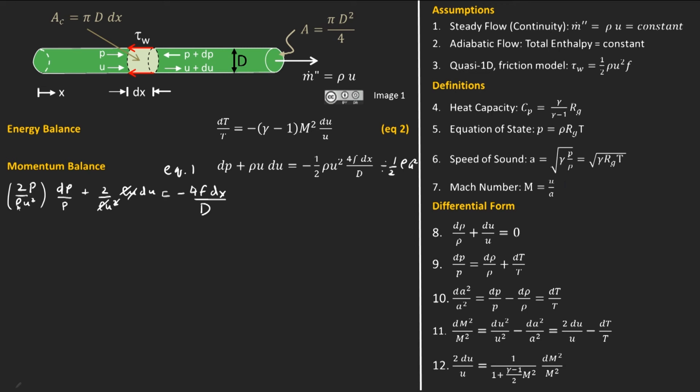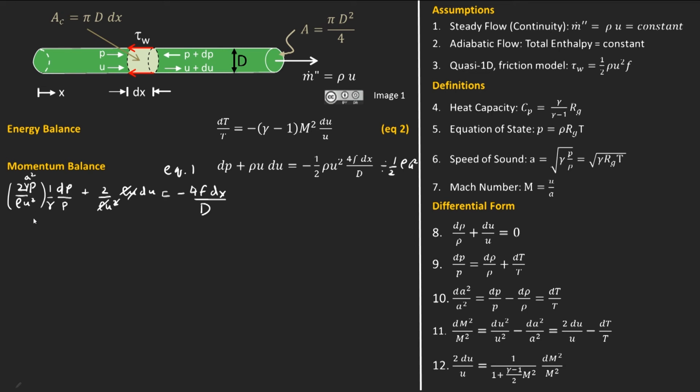Since we have a p over rho, the only thing we are missing is gamma, so I'm going to multiply by gamma and divide by gamma. Now gamma p over rho is a square, so in the numerator we'll end up having a square divided by u square. And looking again on the right, we see that u square over a square is Mach number square, therefore a square over u square will be 1 over Mach number square.